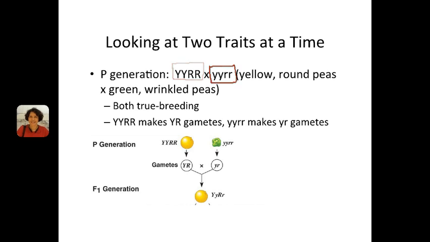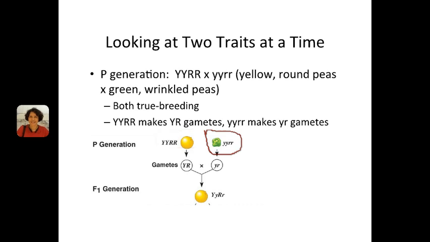Those are the genotypes. The phenotype of the big Y, big R plant is yellow round peas. The phenotype of the little y, little r plant is green wrinkled peas.